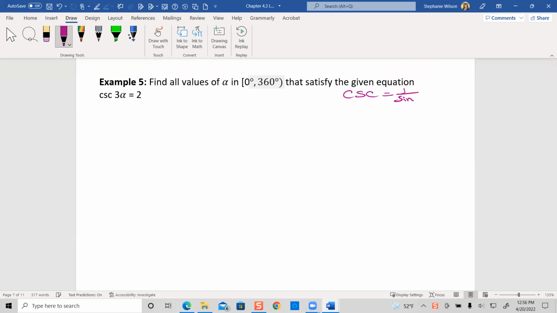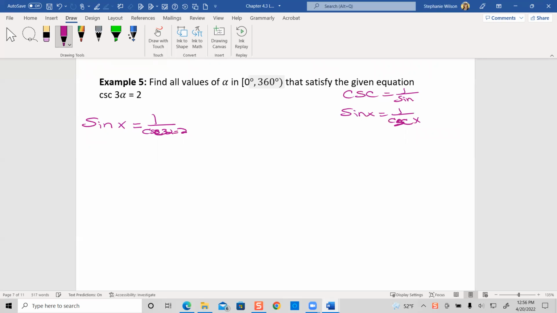Therefore, I know that sine of x is equal to 1 over cosecant of x. In this case, I'm going to say sine of x is equal to 1 over cosecant of 3 alpha, which equals 2.